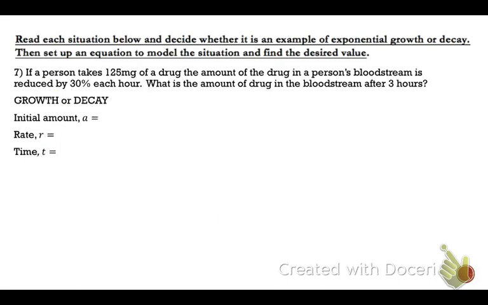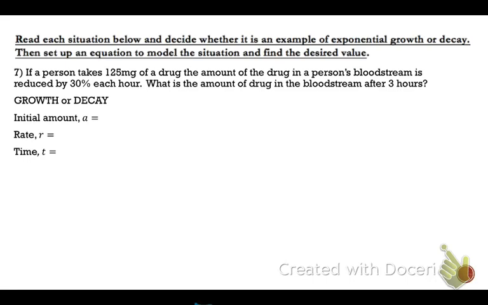Number 7. If a person takes 125 milligrams of a drug like Tylenol, the amount of the drug in a person's bloodstream is reduced by 30% each hour. So what is the amount of drug in the bloodstream after 3 hours? Let's look for language to tell us whether it's growth or decay. We've got the word decreasing, reduced.